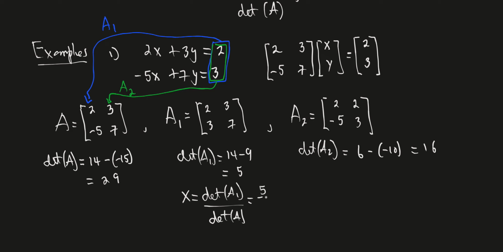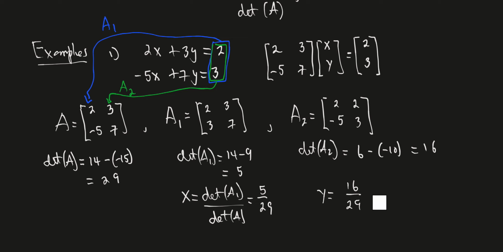So 5 over 29. And then my second variable y, its coefficients are in the second column. So that's the A2 matrix that we formed, and its unique value is the determinant of A2 divided by the determinant of A. So it is 16 divided by 29.